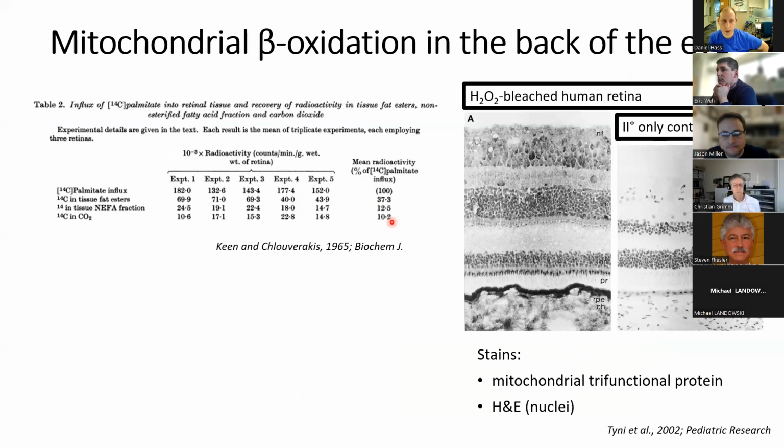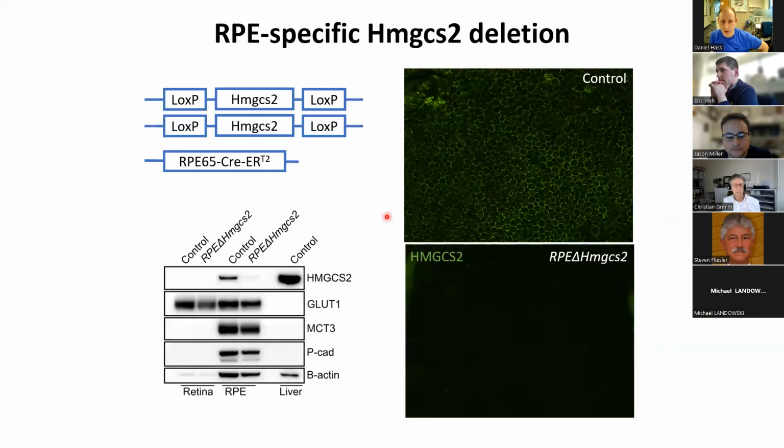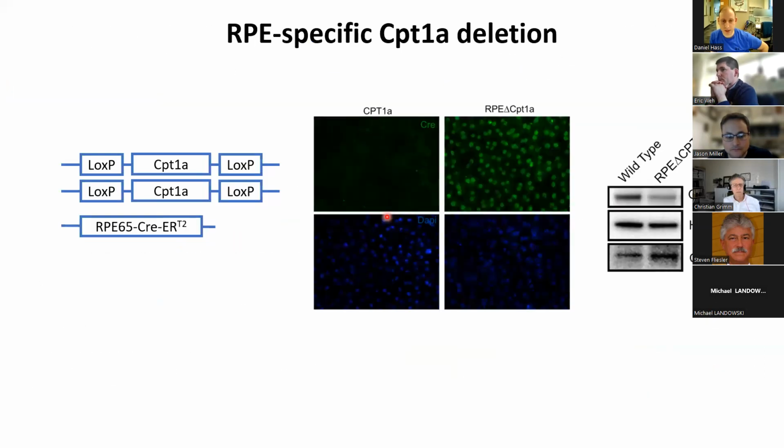It certainly can. But some is going to stay as palmitate. That's this 12.5. More is going to become fat esters. That's 37.3. And then a proportion is going to be oxidized. That's 10.2. I think they're all happening simultaneously, but perhaps more of the palmitate that's used is being used to make fats.